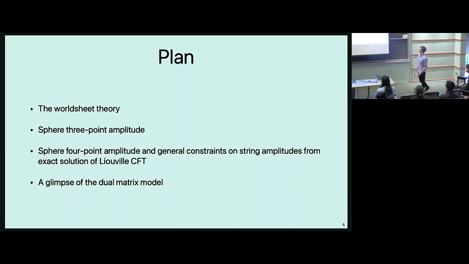And then I'll move on to discuss something more complicated, the sphere 4-point amplitude, and I'll use it as a sort of working example to illustrate the general constraints on the string amplitudes in this theory. And despite the fact, as Victor emphasized, that direct numerical computation of these quantities is difficult, we know a lot about Liouville CFT, and we'll be able to leverage that into some strong constraints on these string amplitudes. And I'll conclude by giving you a first glimpse of the dual matrix model.